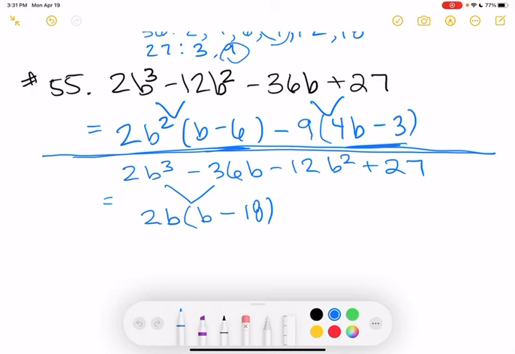And then I have a minus. This is really weird. This isn't going to work out nice either, I don't think. Let's try it anyway. Let's just grab a 3 and see what happens. A b squared.